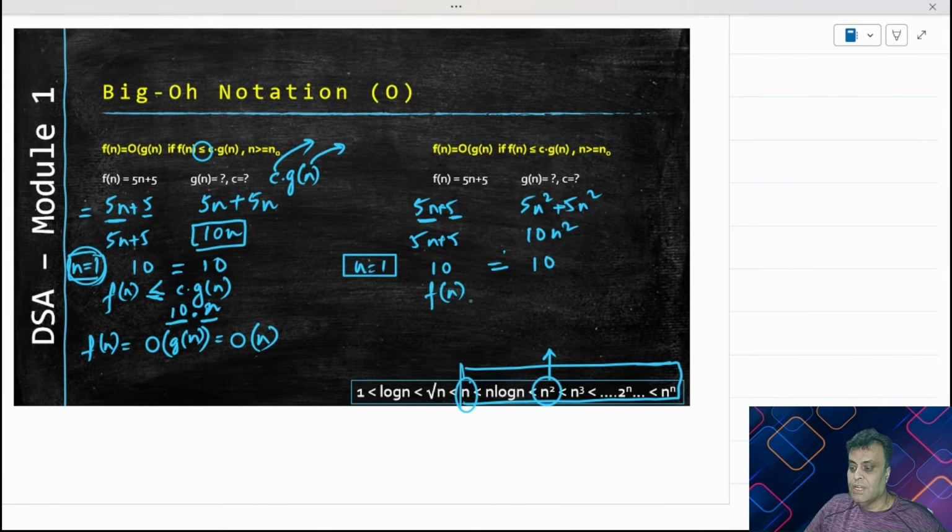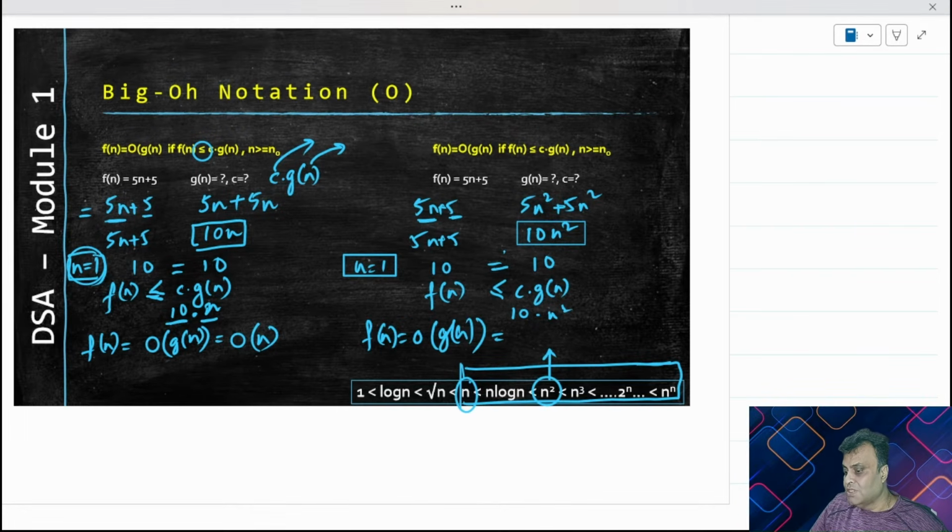You satisfied that Fn is less than or equal to C dot Gn. And what is your C? Remember this, we have 10n square, so C is 10, Gn is n square. So what can you write therefore? That Fn is equal to big O of Gn, which means Fn is equal to big O of n square.